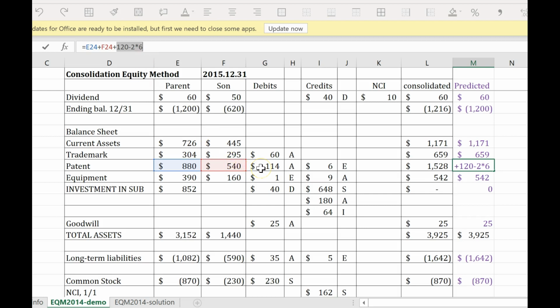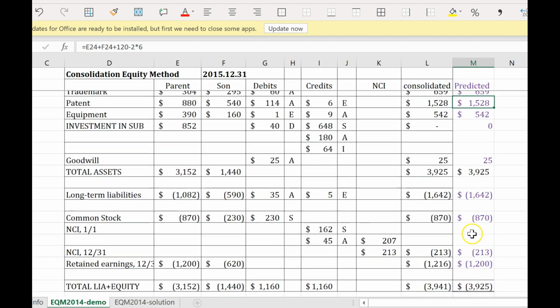So when you are doing the A entry, do not use 120 minus 12, because otherwise your E entry would take too much amortization from your patent. A and E combined take care of the amortization.